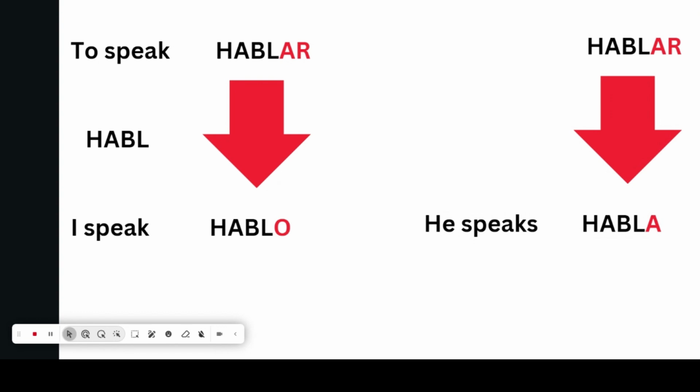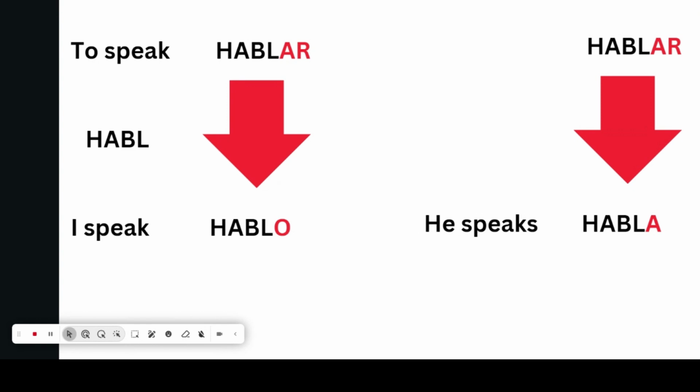Here is another example. We change hablar into habla, which means "he speaks," and in some cases it can mean "she speaks," depending on what subject pronoun you want to use. But "he speaks" is habla because we did the same thing, except we changed the subject pronoun, so it's a different conjugation, and now it means something different.